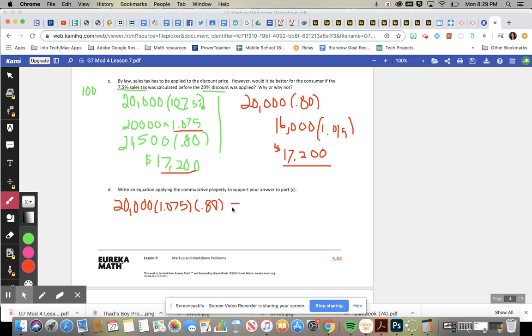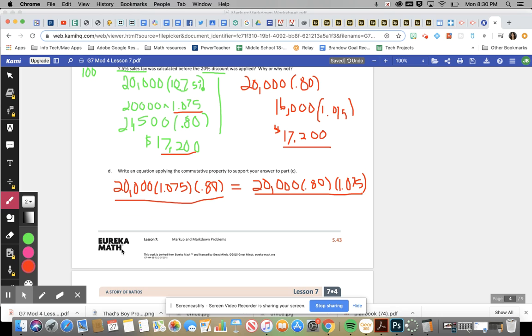Which is the same thing as 20,000 times the 0.8 first, and then times the sales tax of 1.075. So those are equal. It doesn't matter which order I multiply these numbers in. I could do sales tax and then the discount, or discount then sales tax. Either way, it's all the same.